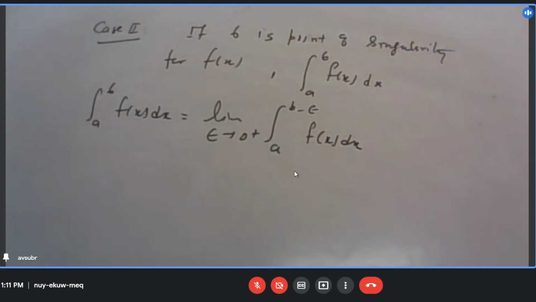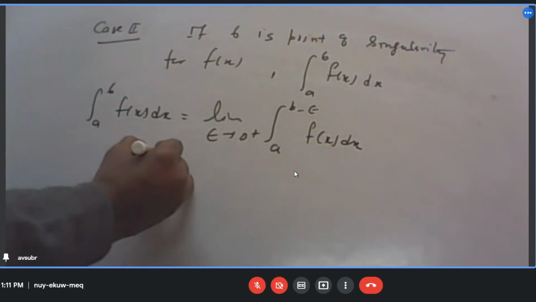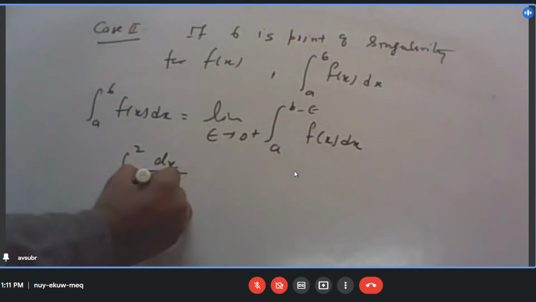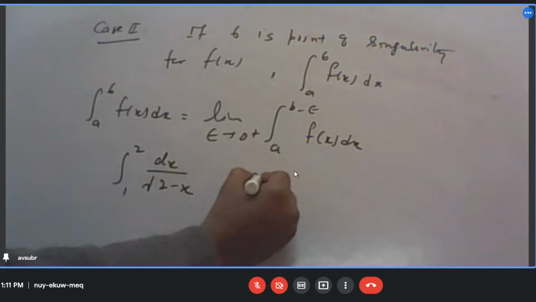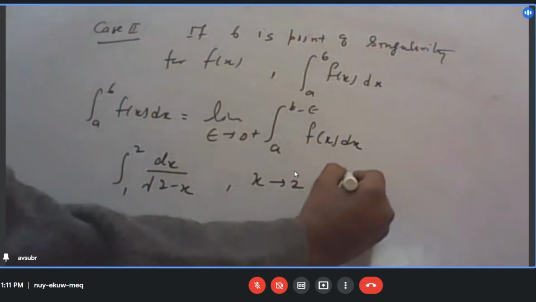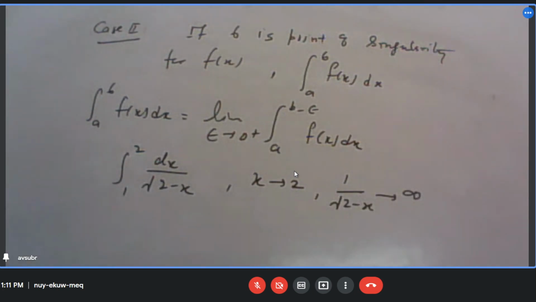So let us take an example of that. The example is integral of dx by root over 2 minus x, the limit being 1 to 2. Now you just see when x is tending to 2, this is going to infinity.